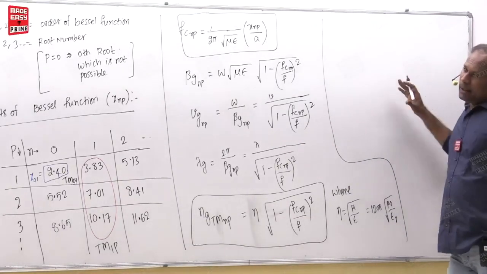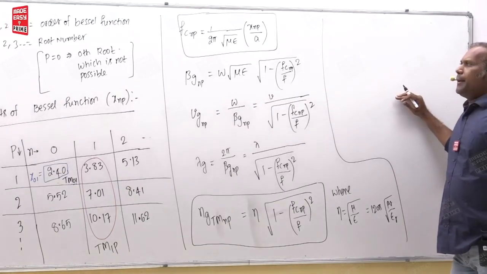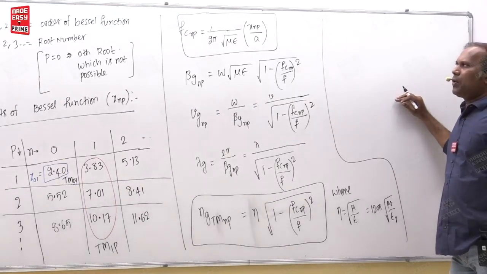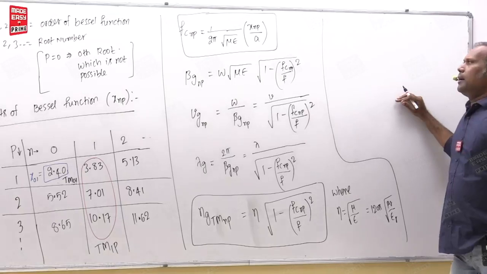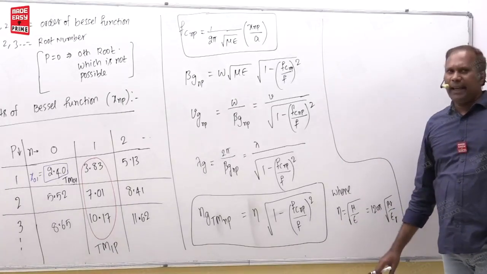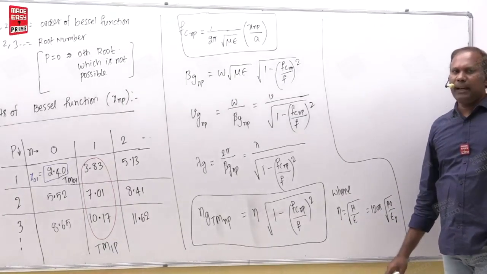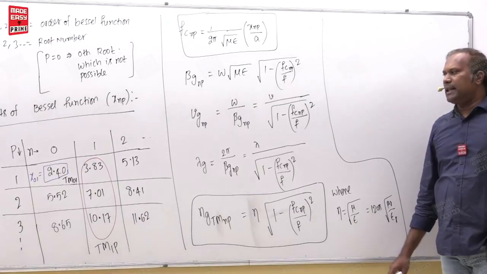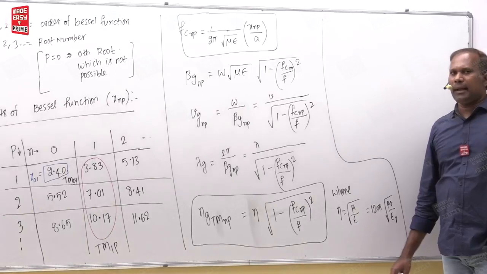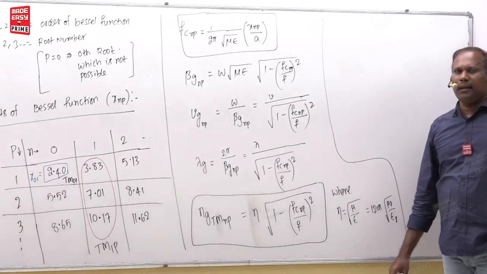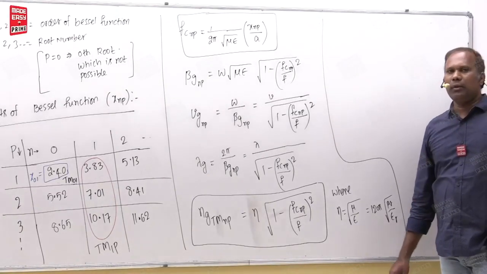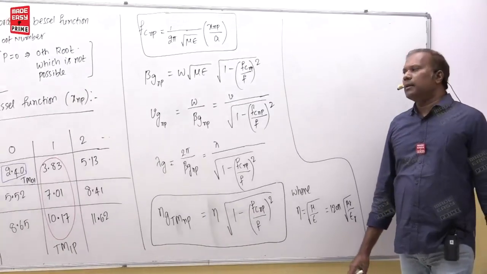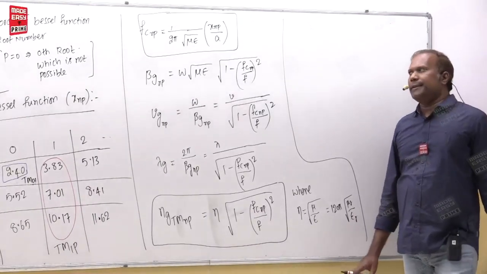Then in the TE mode, cutoff frequency FCNP is equal to 1 by 2 pi root mu epsilon XNP dash by A. After that, remaining formulas like beta G, Vg, lambda G, eta, those formulas are same as rectangular waveguide. So no need to remember. That much only you have to remember, students.